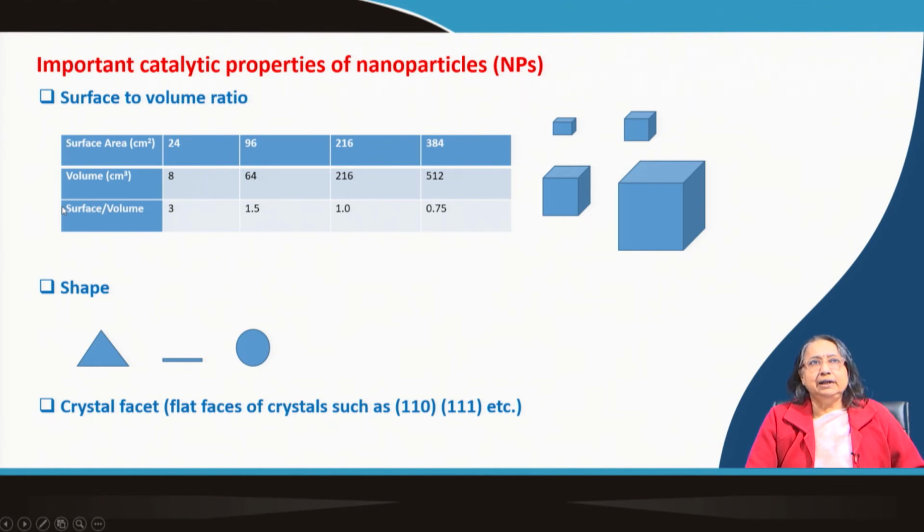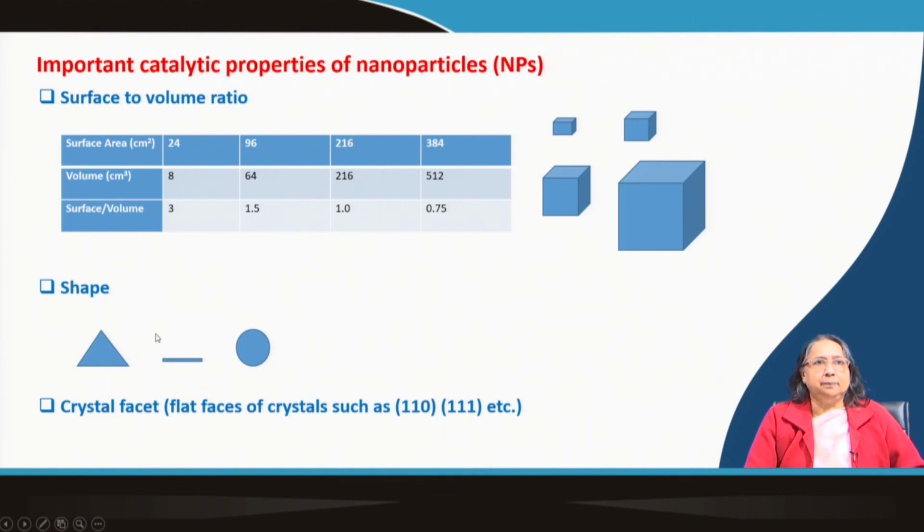This is a very important term for the catalytic property. When surface to volume ratio is high, the catalyst will be better. It will have better catalytic properties. So, smaller particles are better catalysts. If it is the same material, but only size is varying, then this is a better catalyst than this one.